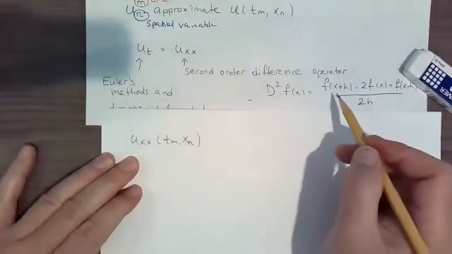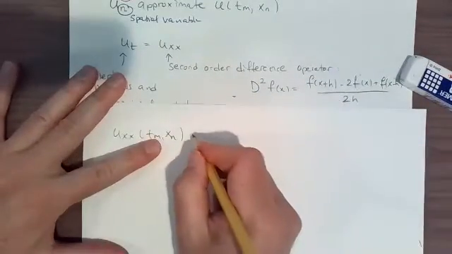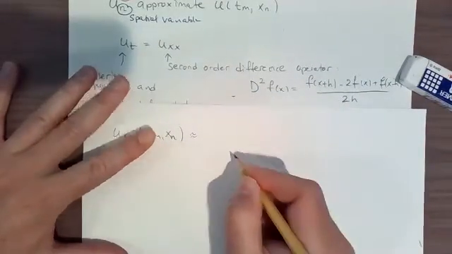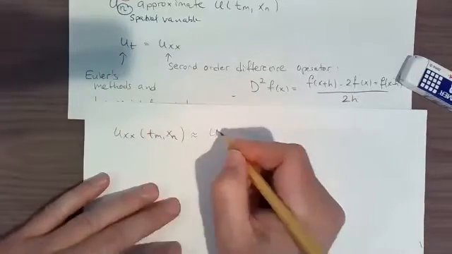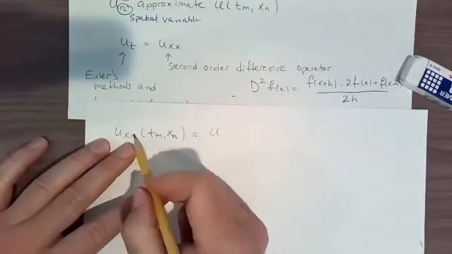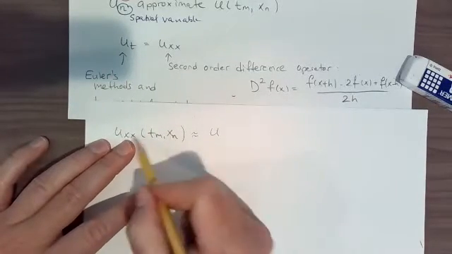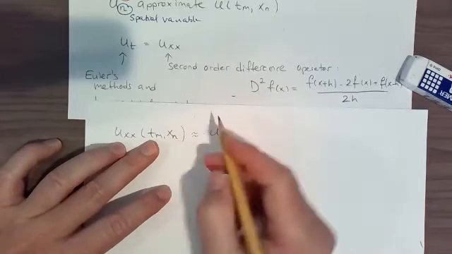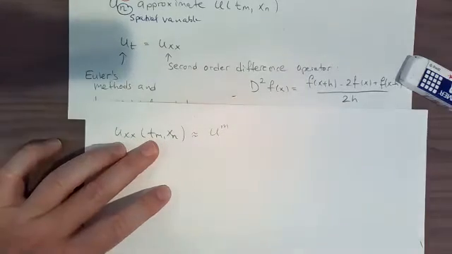This is going to get approximated by this difference operator over here. What we need: m is fixed, right? We're taking the derivative with respect to the second variable, so m does not vary.